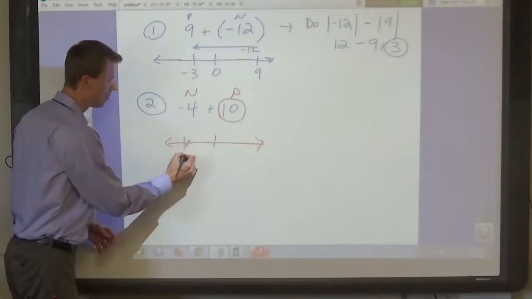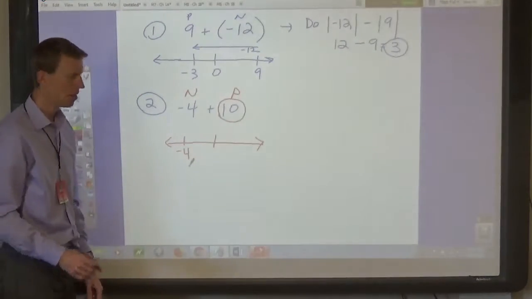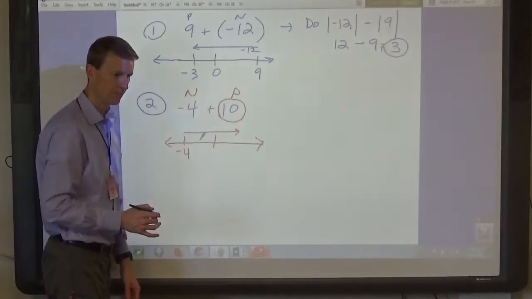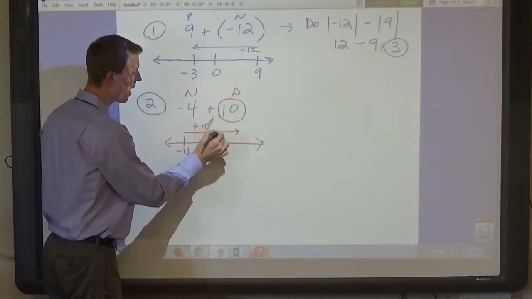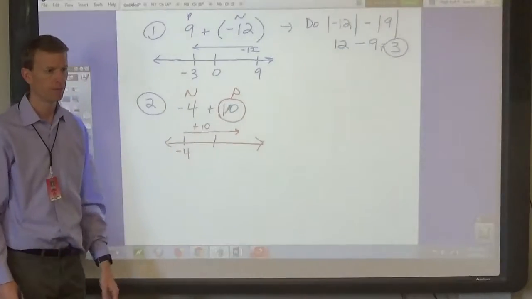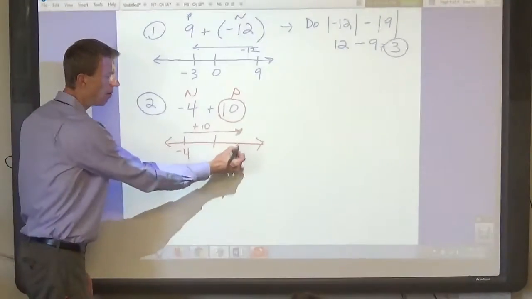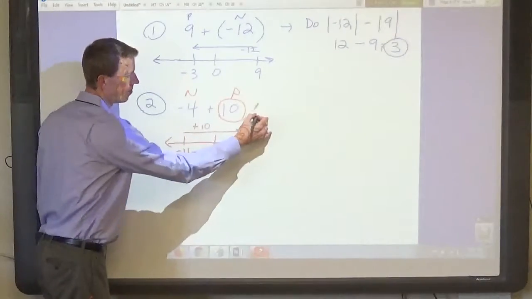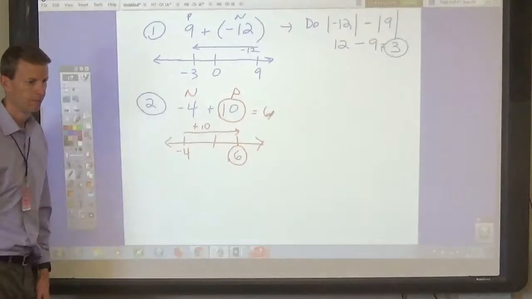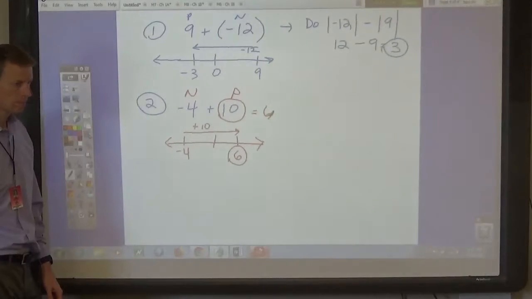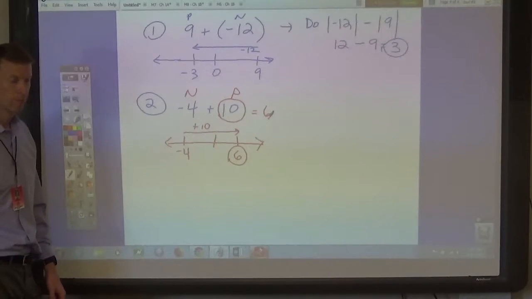Negative 4 plus 10 means 10 to the right. Any positive move is a move to the right on a number line. So where would we end up? Yeah, at positive 6. I did a kind of different one. Since it's a negative 4, I just subtracted 4, 10 minus 4, and then I just got the answer.